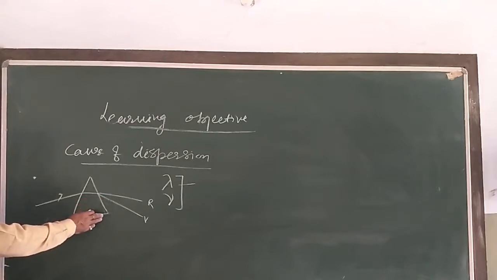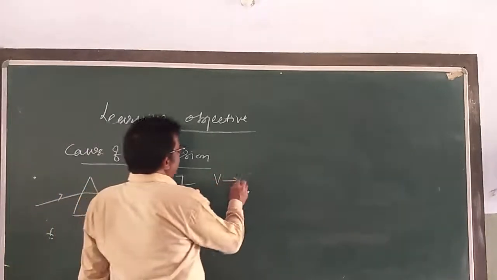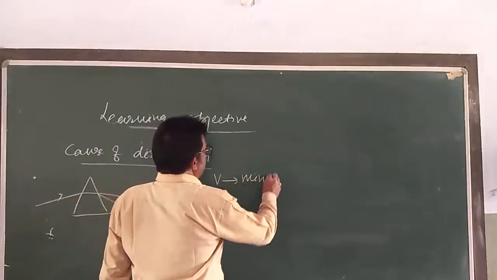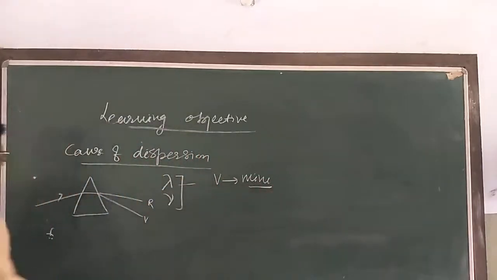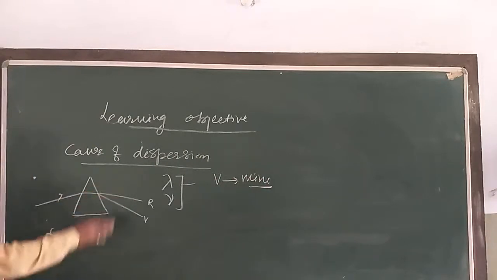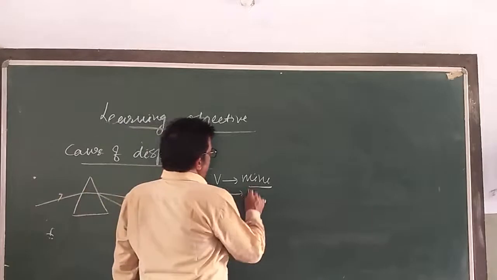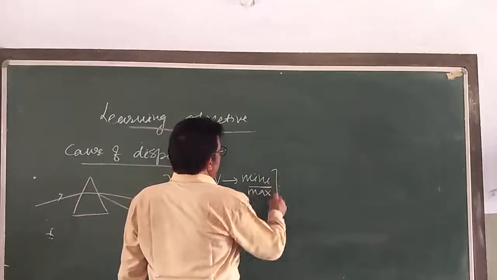In glass, for example, violet color has the minimum speed and red color has a maximum speed. Where, children? In glass.